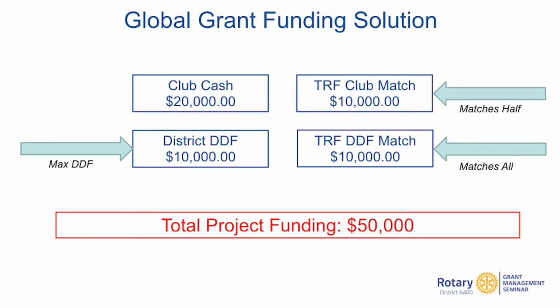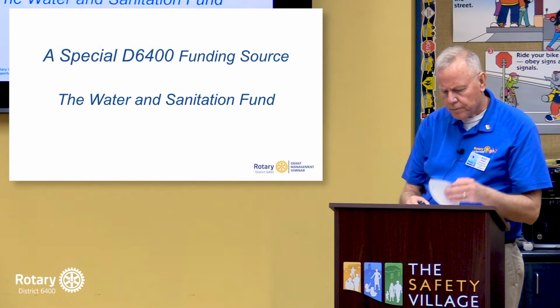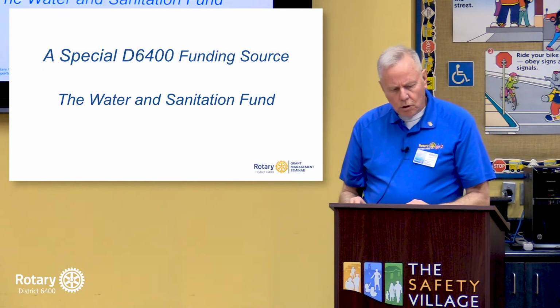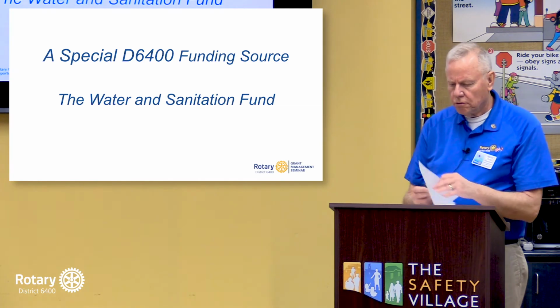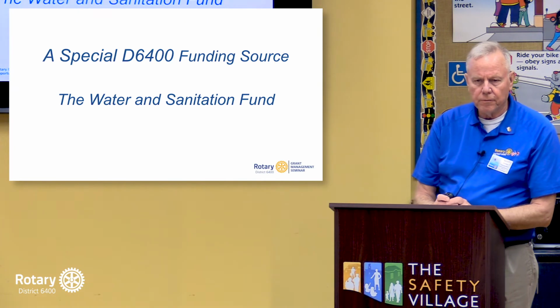And if you've engineered it properly, you'll get matching from the Canadian government, which will make it much, much larger if you need that kind of money. So, important. There's a new fund called the District 6400 Water and Sanitation Fund.